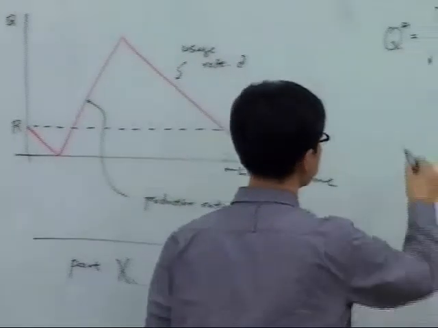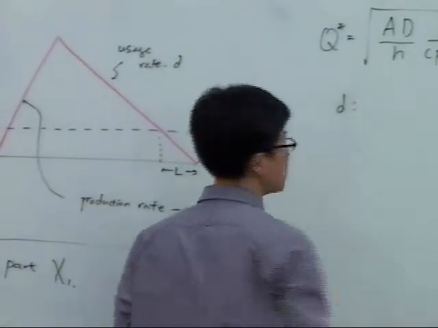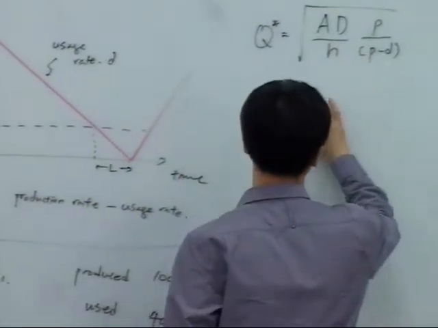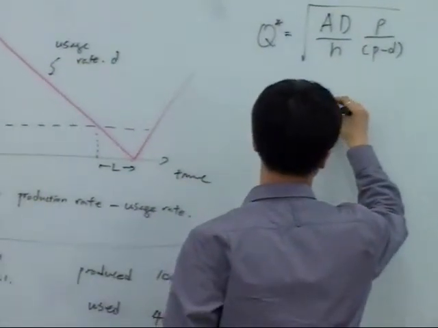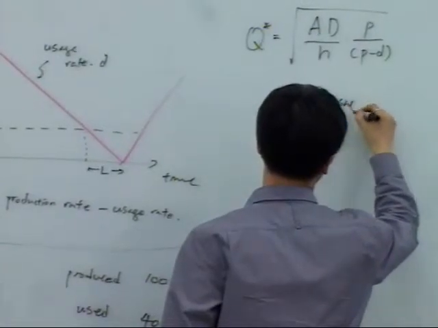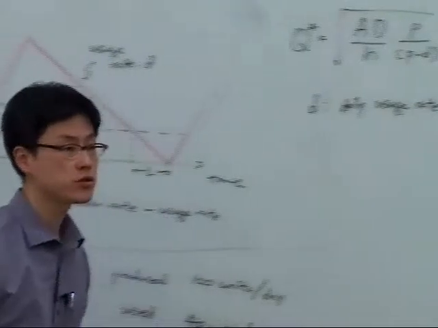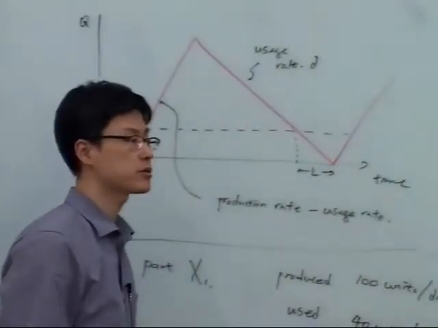Based on the definition, D is the daily usage rate, how much this part is being used per day.